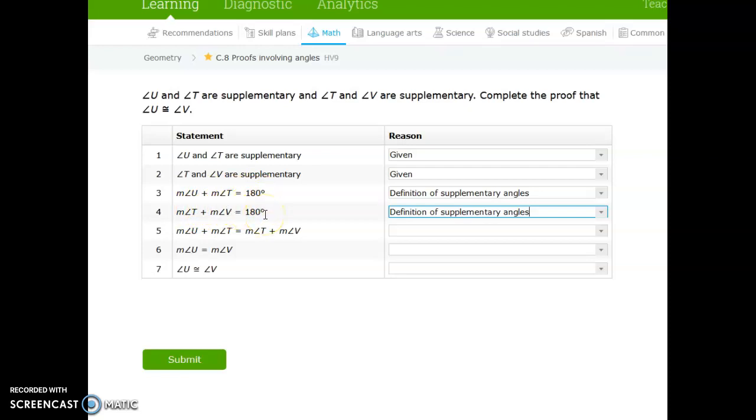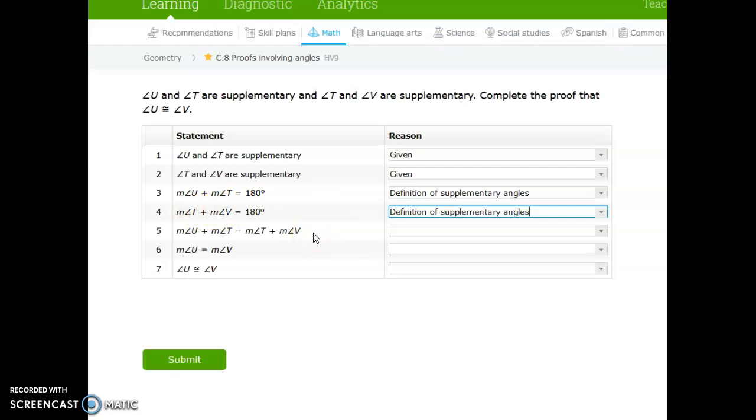Whenever you have two expressions that are both equal to the same value, so U plus T is equal to 180 and T plus V is equal to 180, then you can set those expressions equal to each other. So we can say that the measure of angle U plus the measure of angle T is equal to the measure of angle T plus the measure of angle V, and that's what they've done right here.